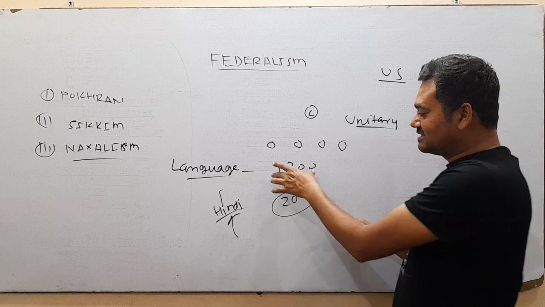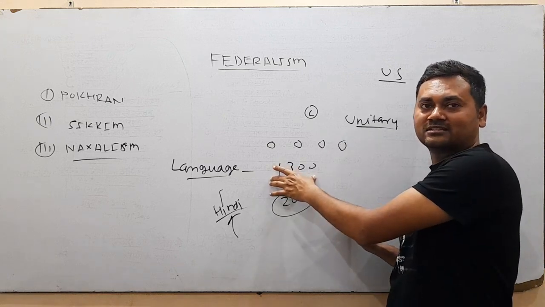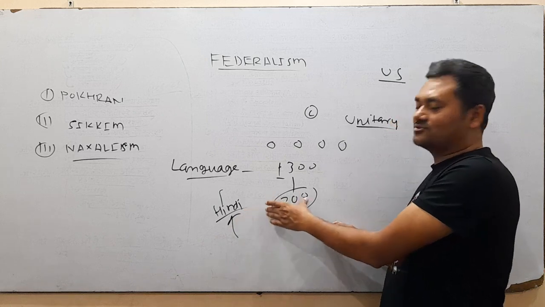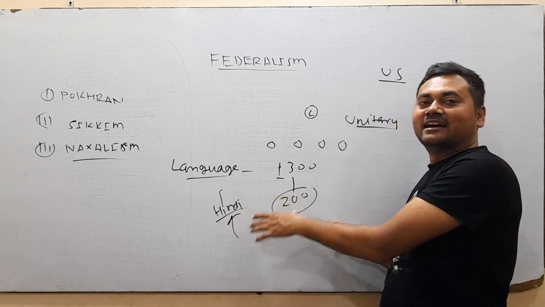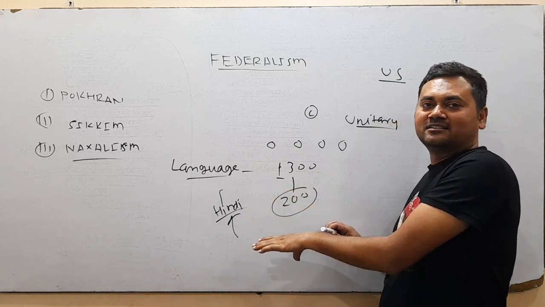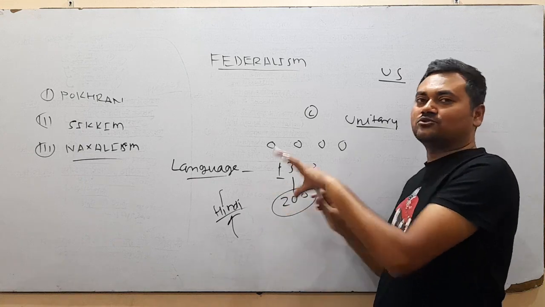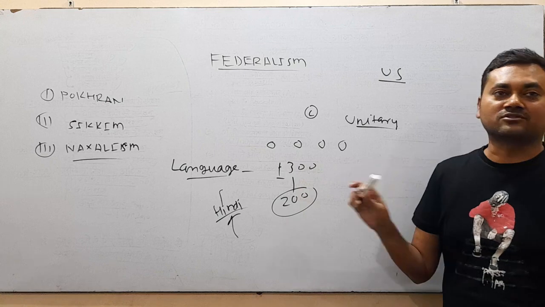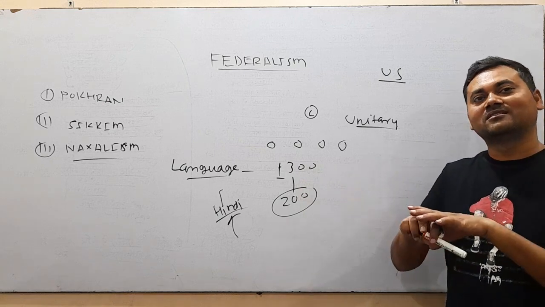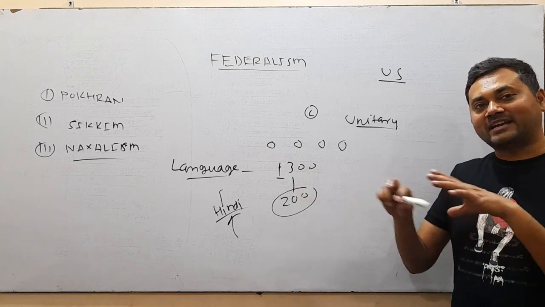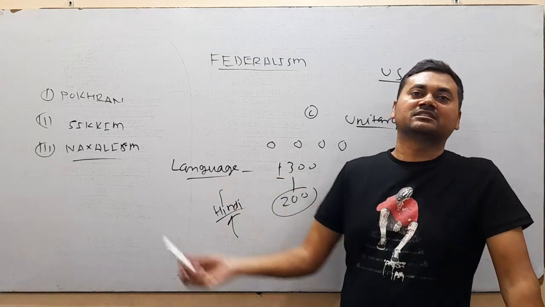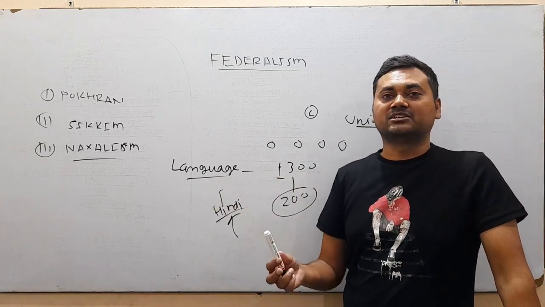So when you divide these 1300 languages in such a manner, you would see that 2 to 300 languages are there. And out of these 200 languages, 22 languages are included within the 8th schedule of the Indian Constitution. So you can understand, these are called the scheduled languages because these are included within the schedule.